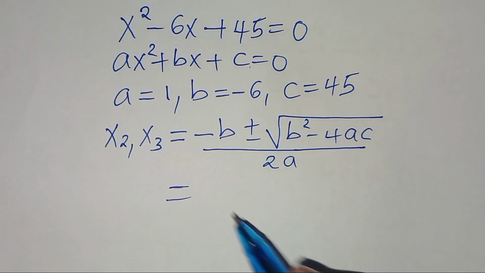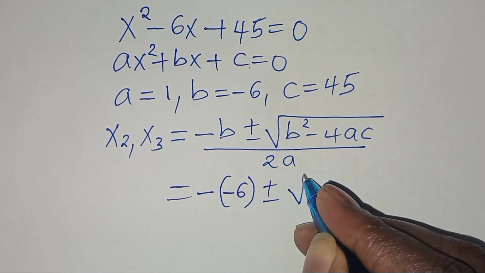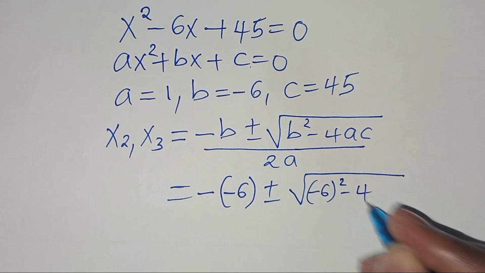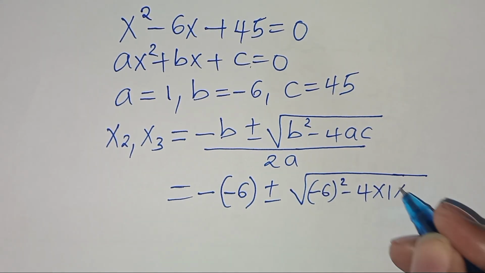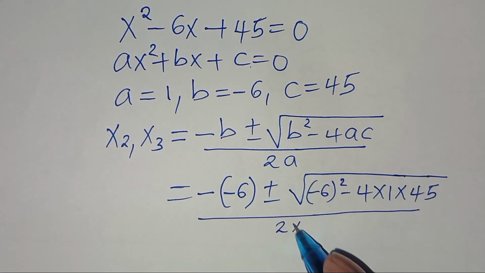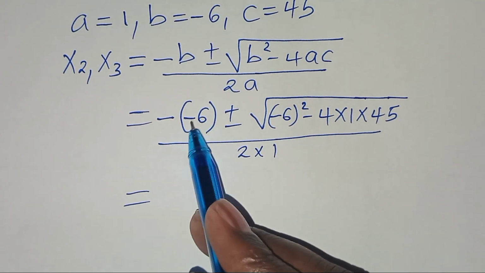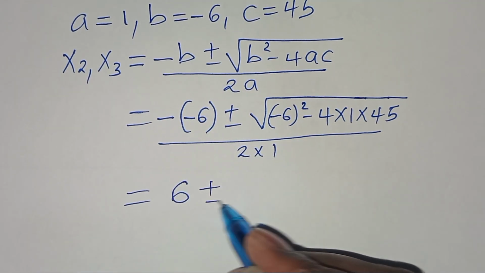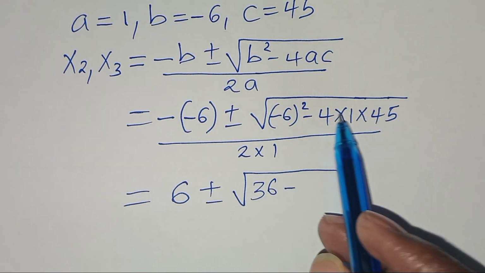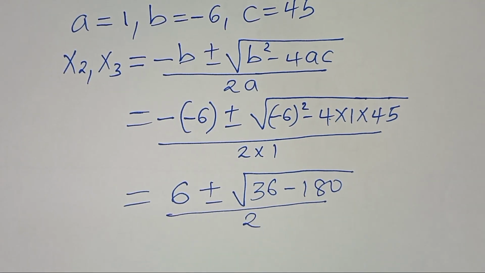Substituting the values of a, b, and c, we'll have (-(-6) ± √((-6)^2 - 4 × 1 × 45)) / (2 × 1). Now, -(-6) is 6, plus or minus the square root of (-6)^2, which is 36, subtract 4 times 45, which is 180, all divided by 2.